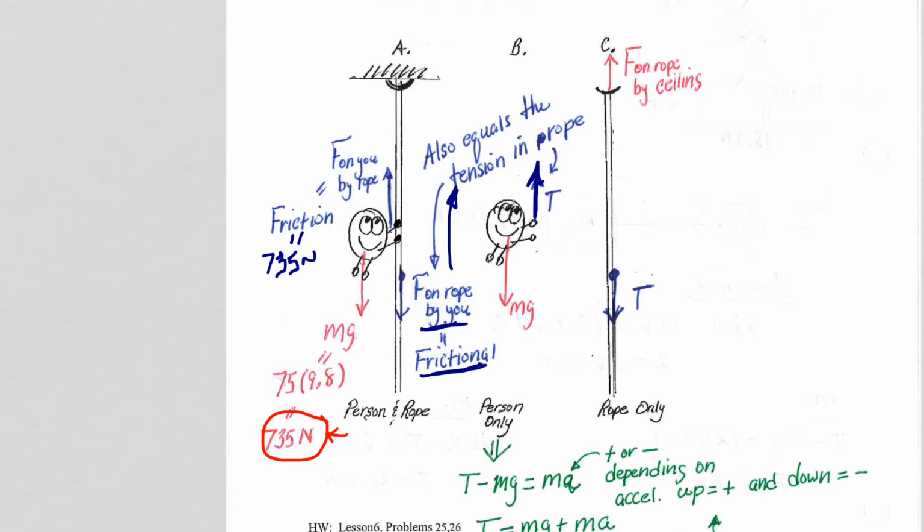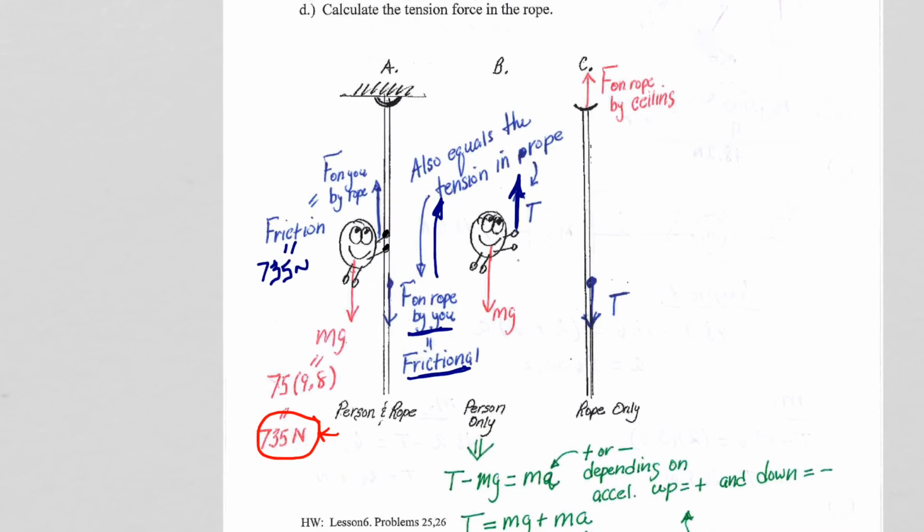So that's why in textbooks and solutions, they're going to tell you the tension is pulling you up the rope. Actually, the tension in the rope corresponds numerically to the friction which is pulling you up the rope. But technically, it's friction. So when you see solutions in our textbook where they say the tension is responsible for pulling the person up, it's not quite 100% correct. Well, let's take a look at the rope itself.